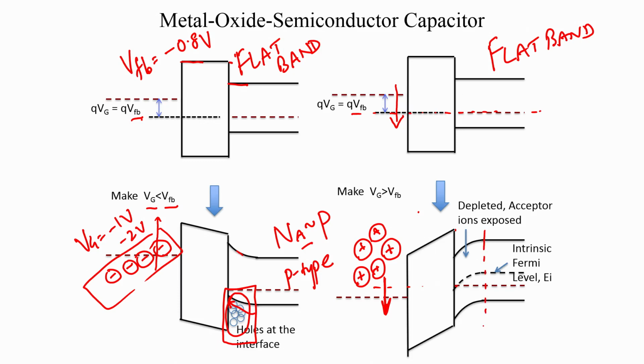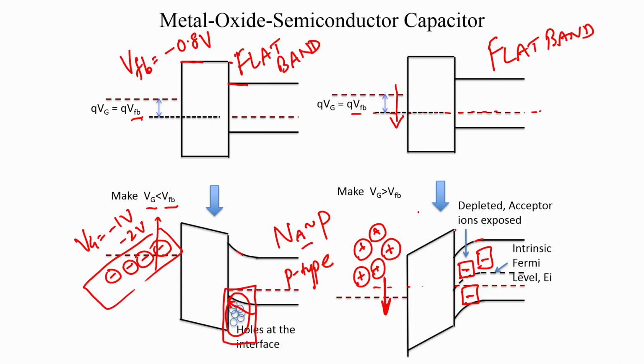So, that is the first reaction. So, what does depletion do? It exposes all the fixed negatively charged acceptor ions. So, this is a p doped semiconductor, it has got negatively charged acceptor ions which have given up holes to the semiconductor, and these negatively charged acceptor ions or the space charge start getting exposed. So, this region is depleted. So, that firstly compensates for any positive charge that you are applying on the gate.